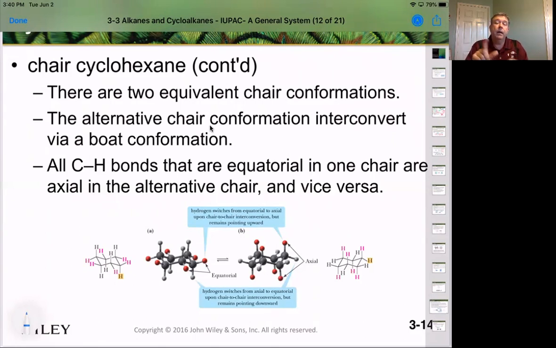For example, if we have one chair configuration, we have 6 axial and 6 equatorial hydrogens. We go through the boat conformation, which has those two flagpole hydrogens, back to having 6 axial and 6 equatorial. We only favor one versus the other when we have something larger than hydrogen as one of the substituents.